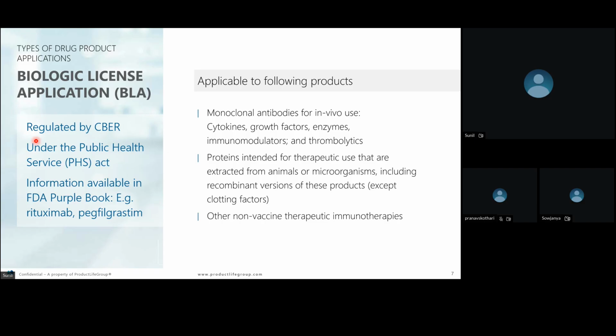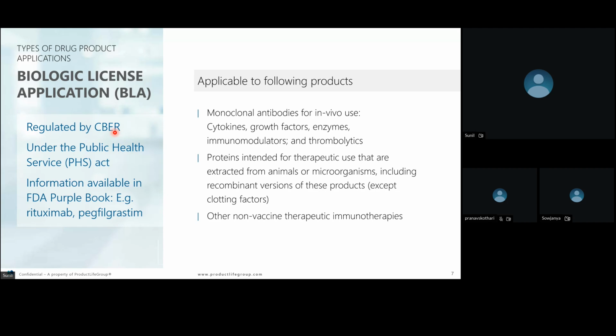For NDA, it was the FDNC Act. For BLA, it is the PHS Act. For NDA, the division was CDER, the Center for Drug Evaluation and Research. Here, the division is CBER, the Center for Biologic Evaluation and Research.